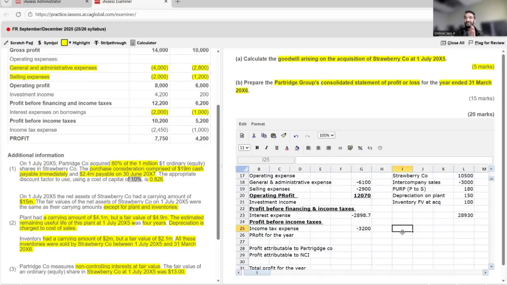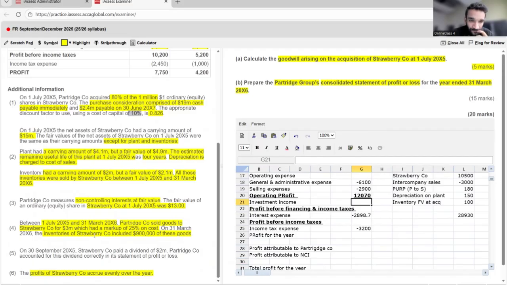So the present value of deferred consideration multiplied by the discount rate, which is 10%, into the time apportionment for the post acquisition period, which is 9 by 12. If it is a full year acquisition, I would not be required to do the time apportionment. So see, this is the correct calculation regarding interest expense. Now let's talk about the investment income.